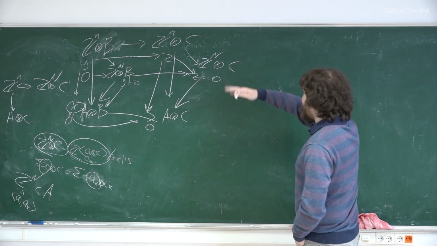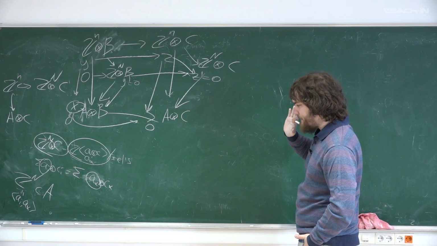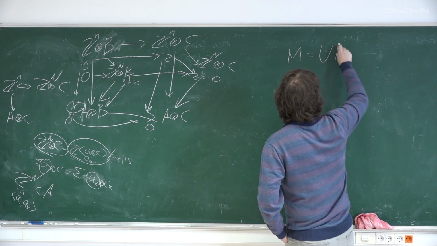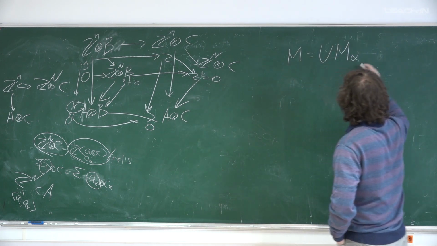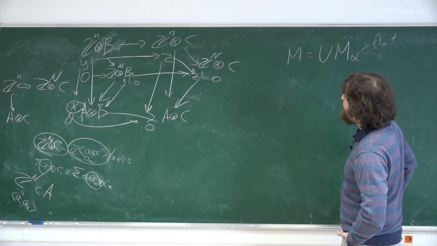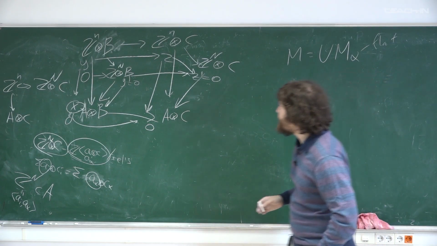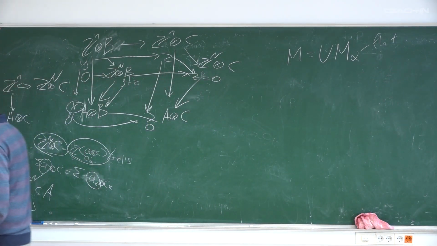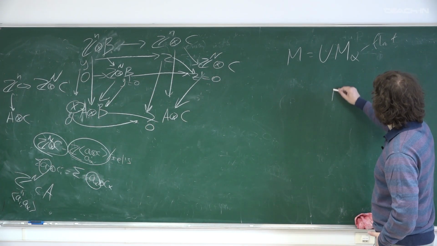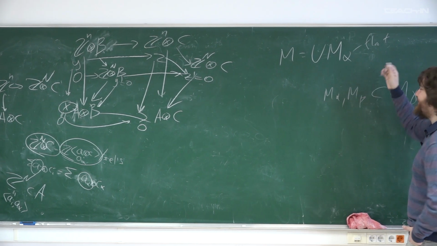What this argument verbatim works if M is a union of modules, they are flat, and for any two of them there exists a greater module of this family, something like this, okay?